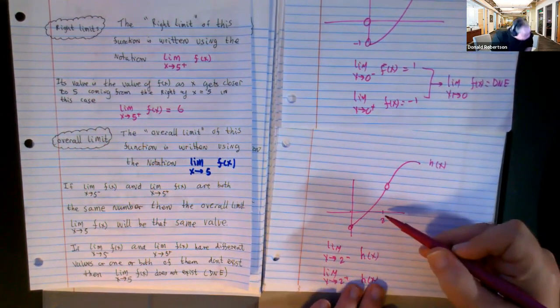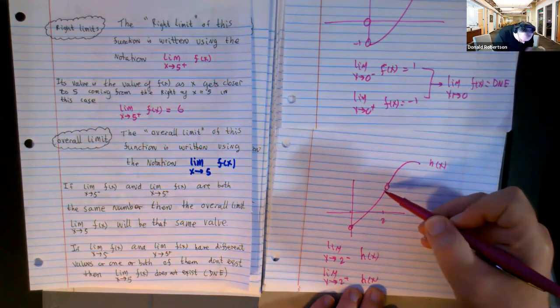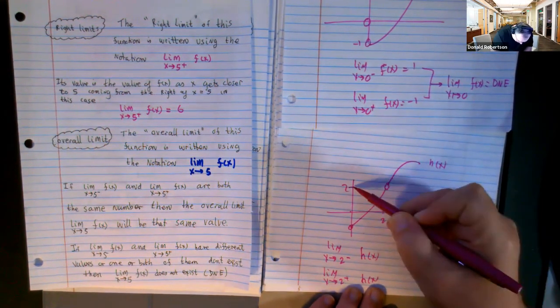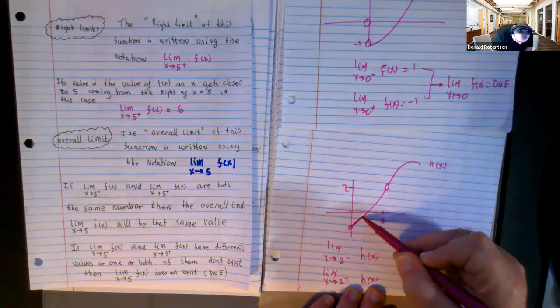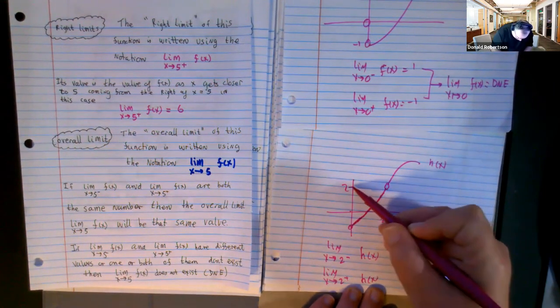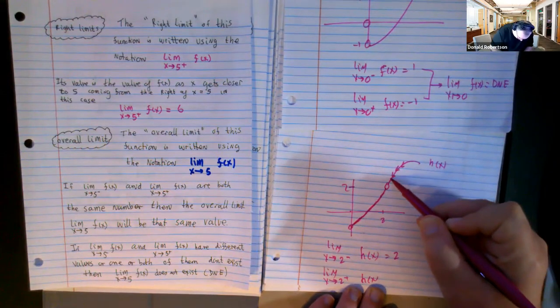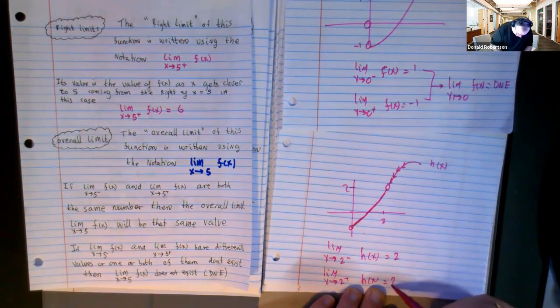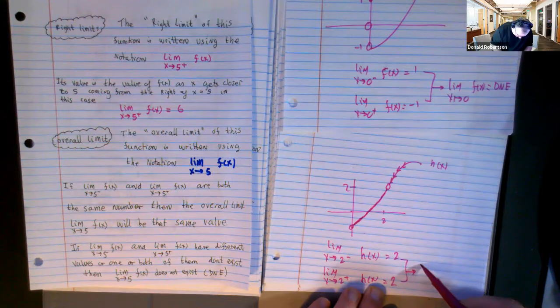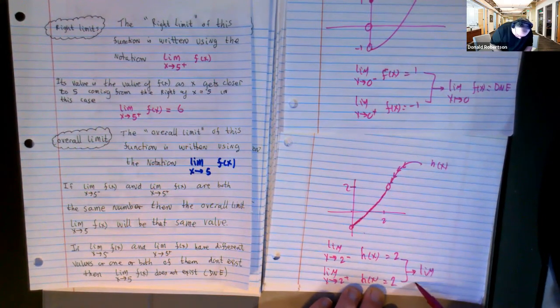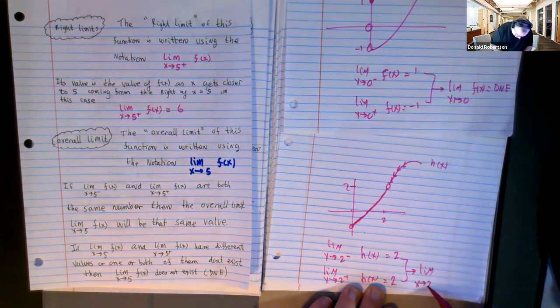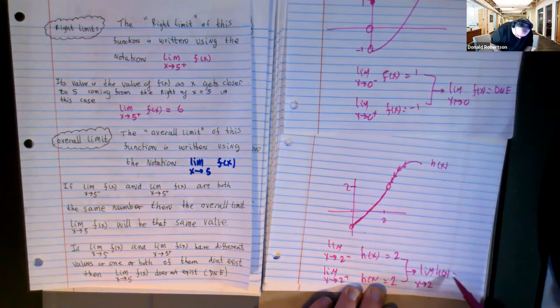As x gets, oops, what is that number? That number there happens to be 2. As you come in from this direction, isn't the value of the function 2? And if you come in from the right-hand side, isn't this also 2? So in this second situation, the overall limit as x tends to 2 exists, and it is whatever these guys are.